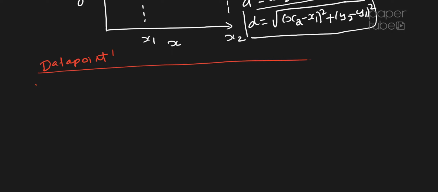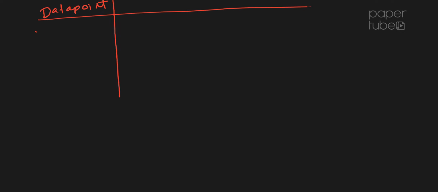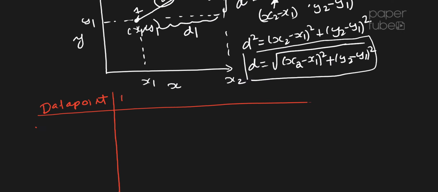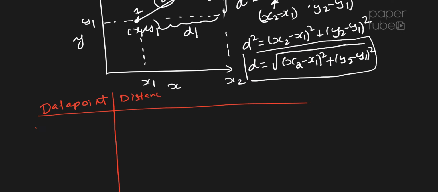This is only for our convenience. I'm going to call the first column data point, and then the distance between this data point and the cluster center C1, so distance from C1, and distance from C2.